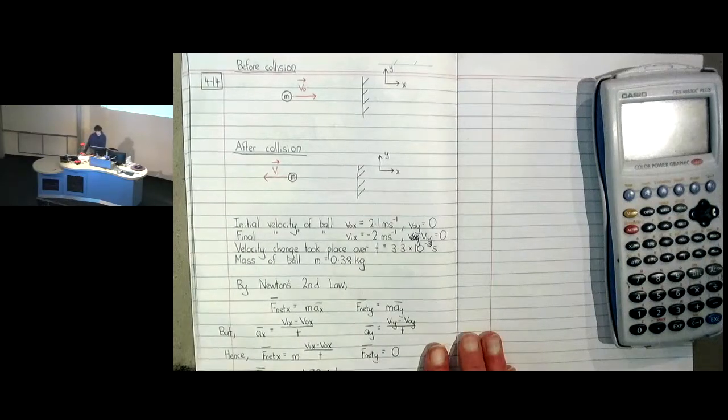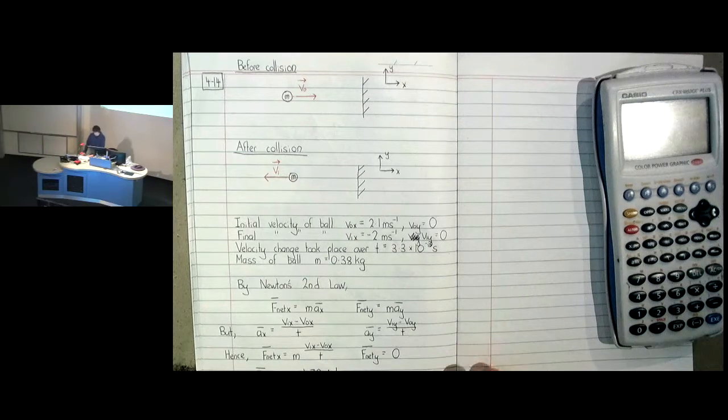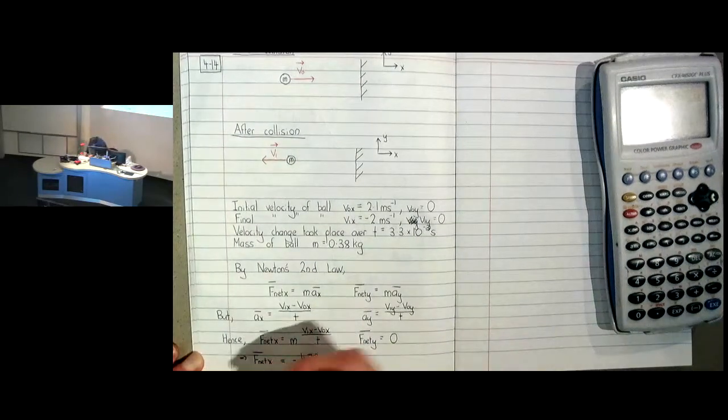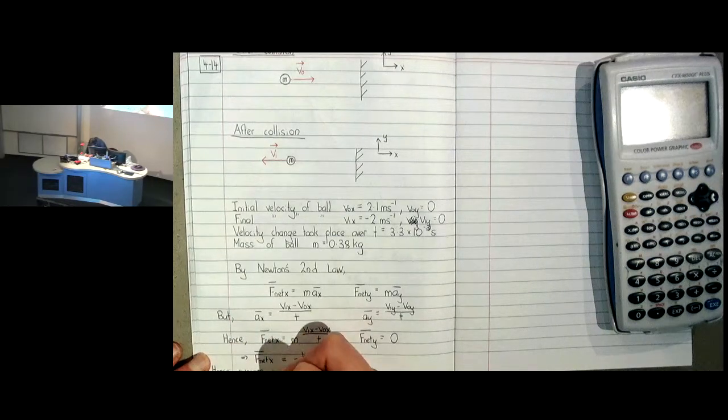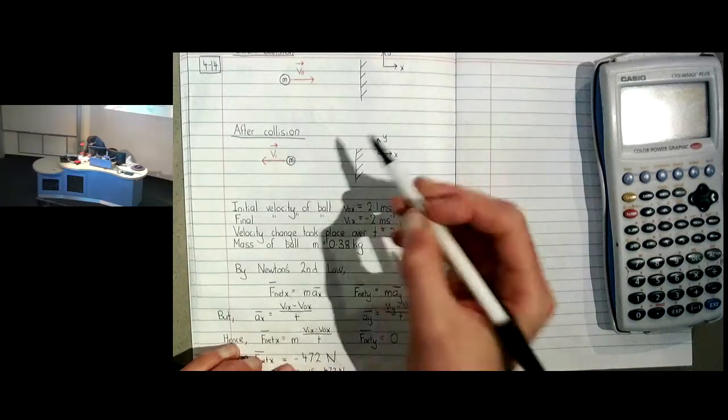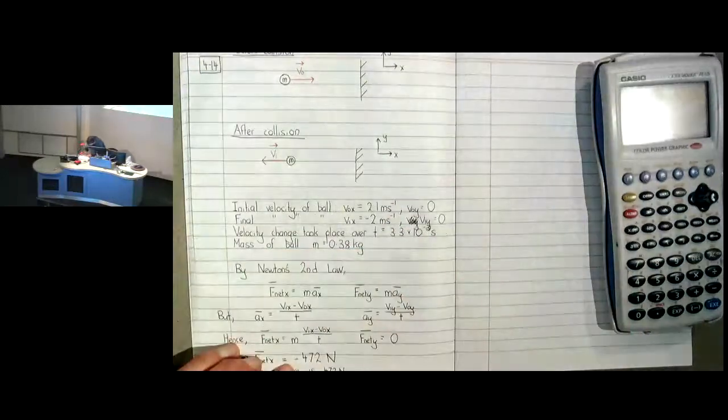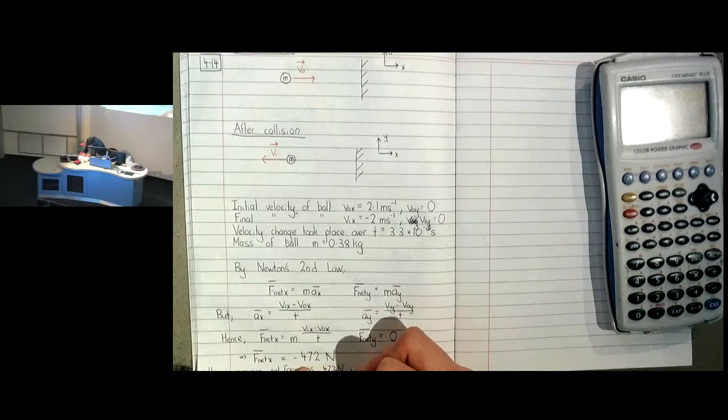So the question is asking us, what is the average net force magnitude and direction exerted on the ball by the cushion? Hence, the average net force is just 472 newtons, and this minus sign here tells us that the average net force must have been in the negative x direction.